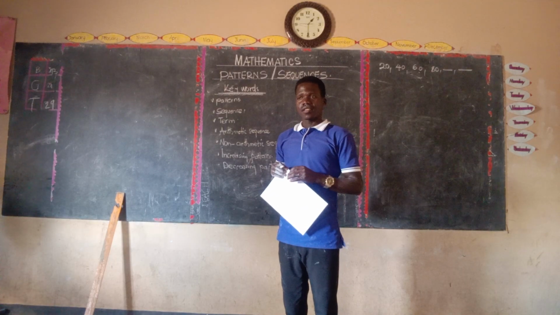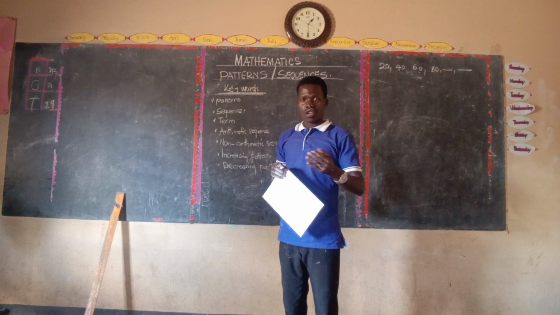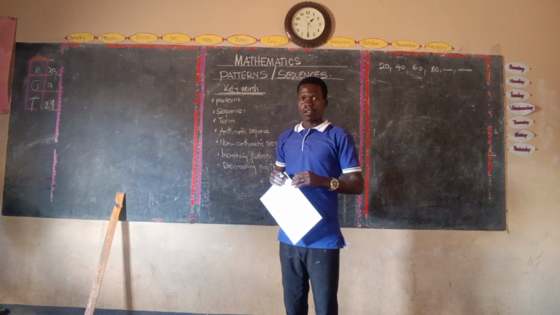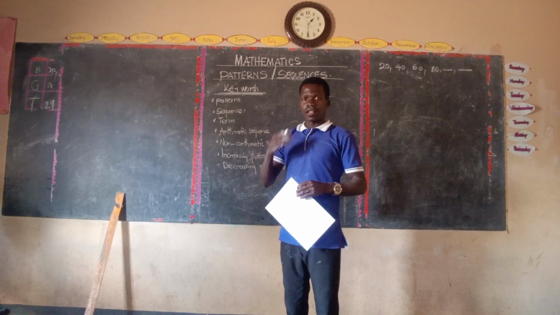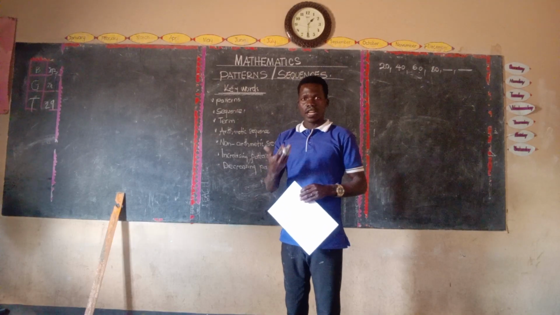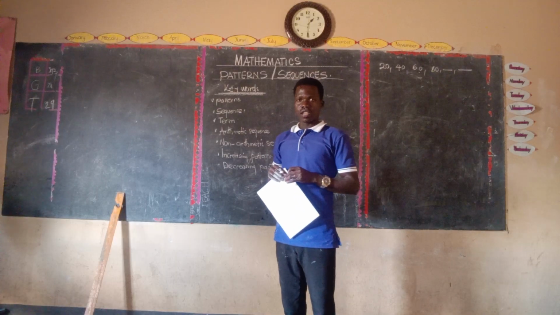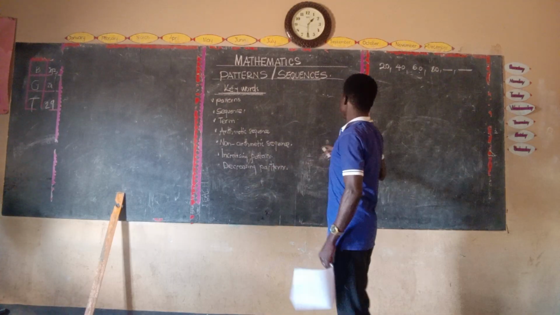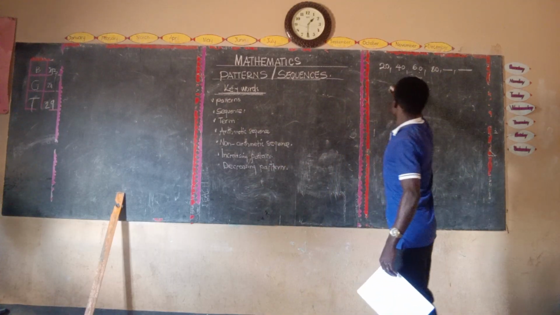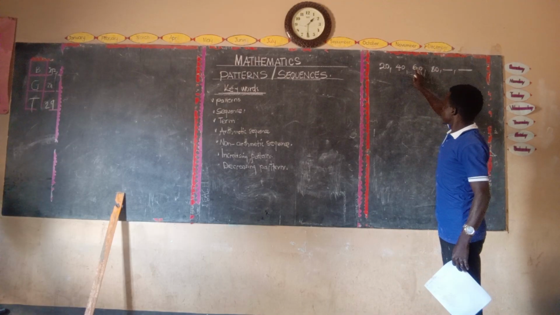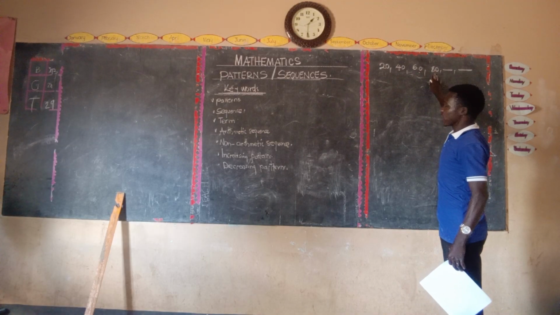The patterns is the order in which numbers are written. When I say patterns, I mean the rule or the order in which numbers are being written. For example, when I have this number here, number 20, number 40, number 60, number 80.